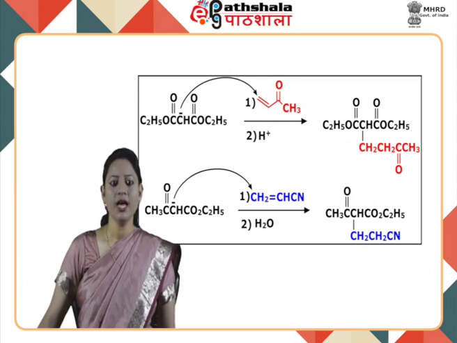As you can see, the active hydrogen of ethyl acetoacetate when abstracted by a base generates a carbanion. This carbanionic species can attack the beta carbon of the alpha beta unsaturated carbonyl compound to give the product.